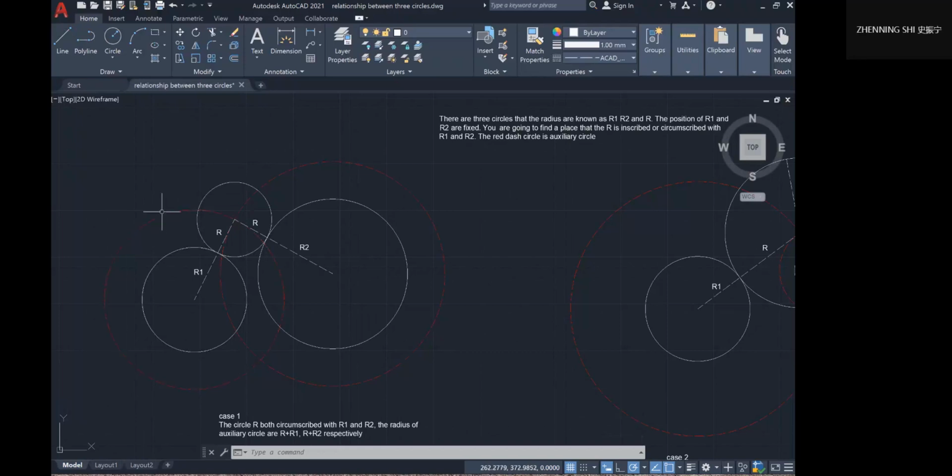So at first you have to find an auxiliary line like this, the dashed red circle.